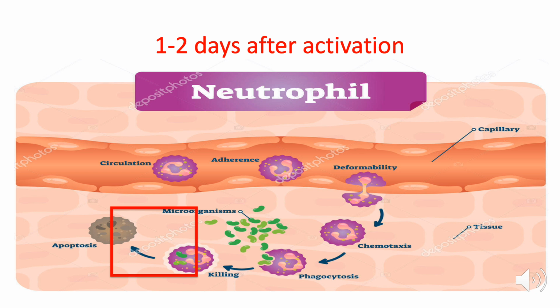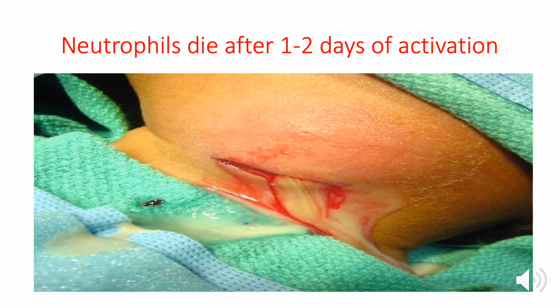So if neutrophils die 1 to 2 days after they were recruited from the blood vessel towards the site of infection, there must be another cell that will replace these neutrophils. And what do you think is the cell? We will discuss that later on. Again, 1 to 2 days after recruitment from the blood vessels towards the site of injury, neutrophils will undergo apoptosis and produce what we call pus.